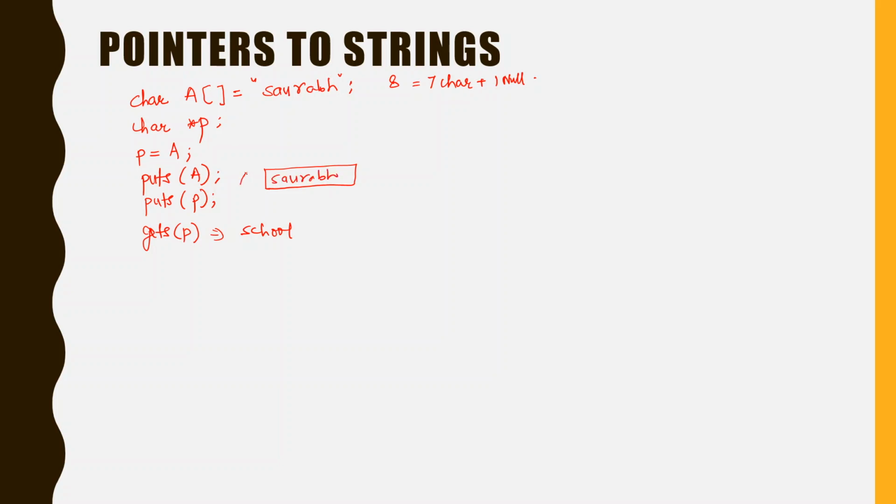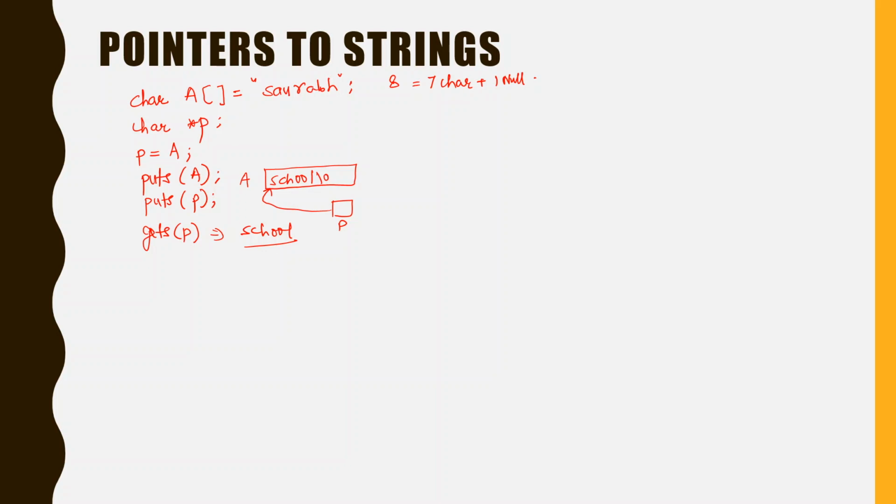This is the name of the array, and there is a pointer variable p which has the base address of A, so it is pointing to this particular base address. As soon as you enter school, the earlier placed string is changed to the new string. This is what happens while accessing the string array directly with the help of a pointer variable.